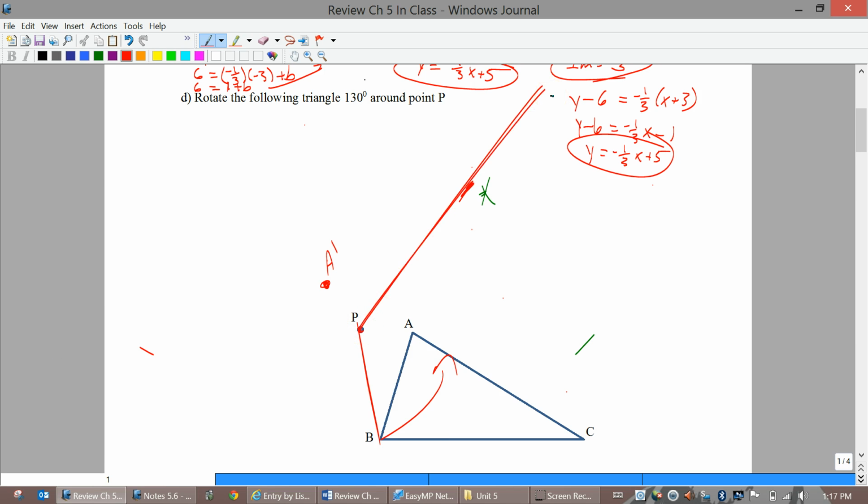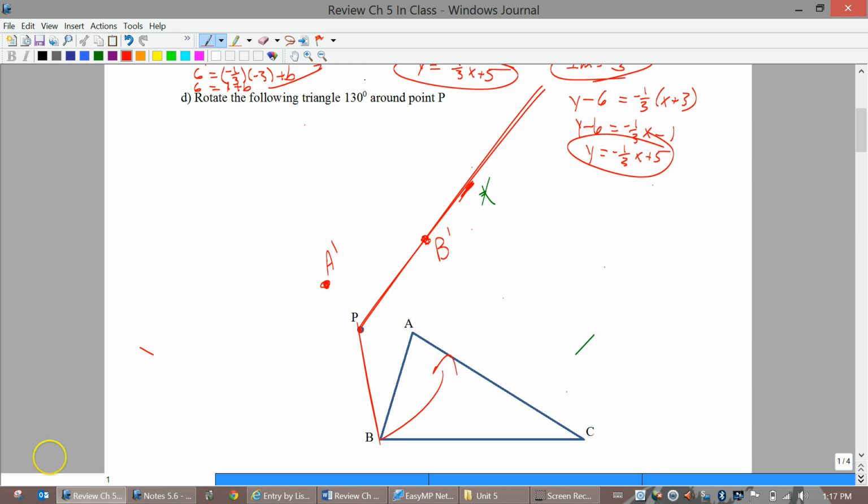Then we measure that distance, measure this distance, and mark it over here. It's going to be 3.2 centimeters for me. B prime.